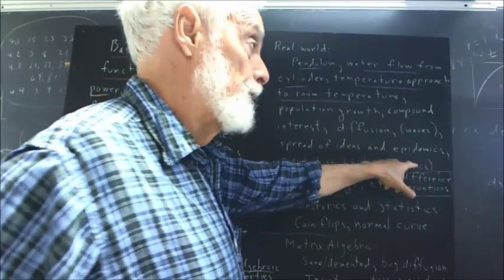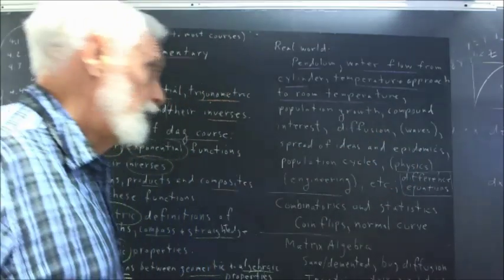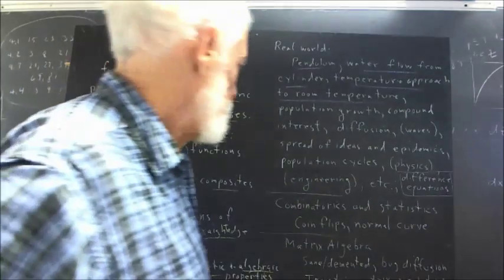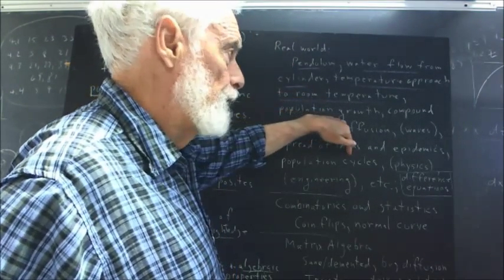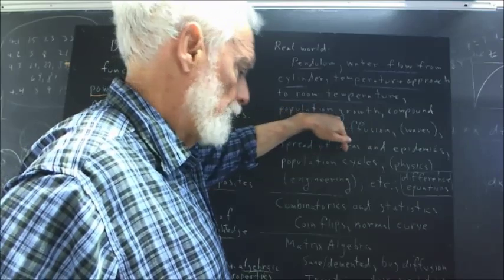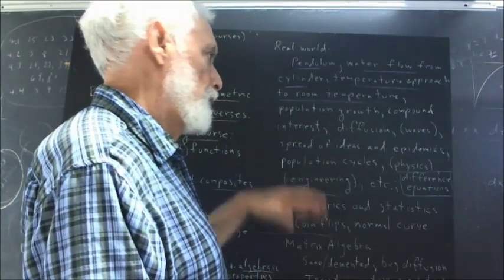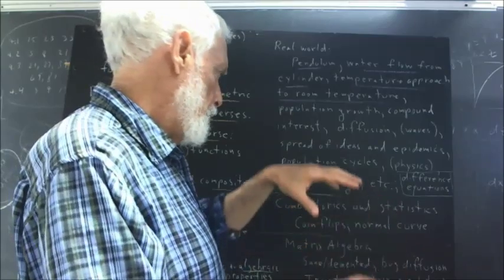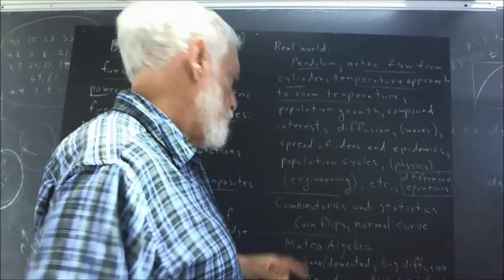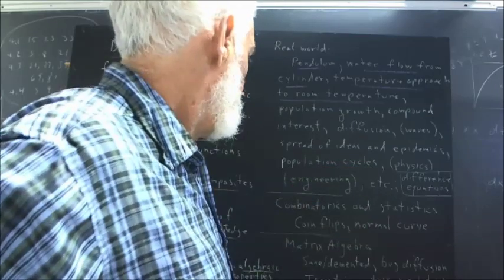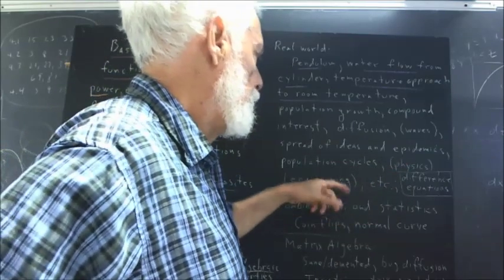Now, ideas aren't necessarily epidemics, although sometimes I'm tempted to wonder. Population cycles in an ecosystem. You might have a predator and prey, and their populations tend to be cyclic, and we can see a little bit about why. And then physics and engineering.